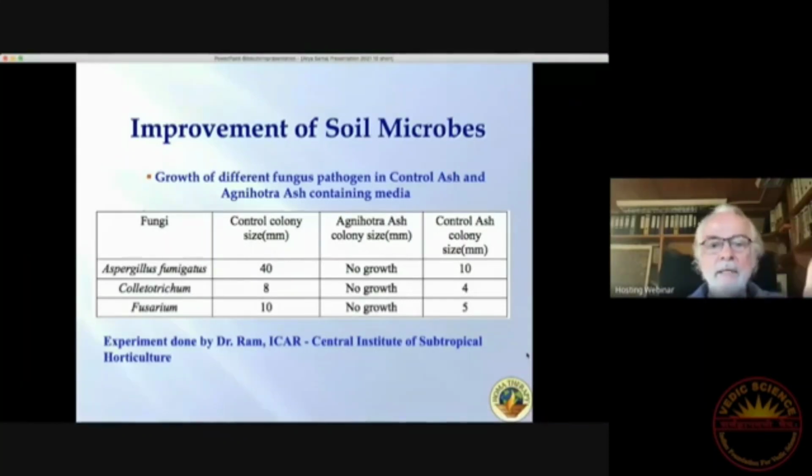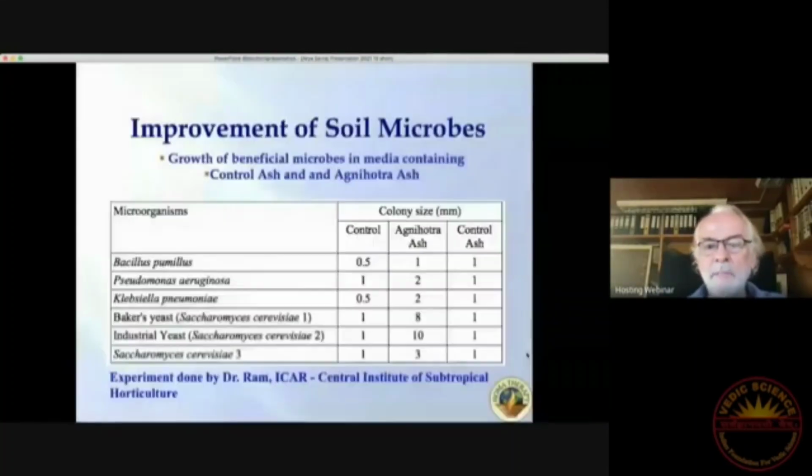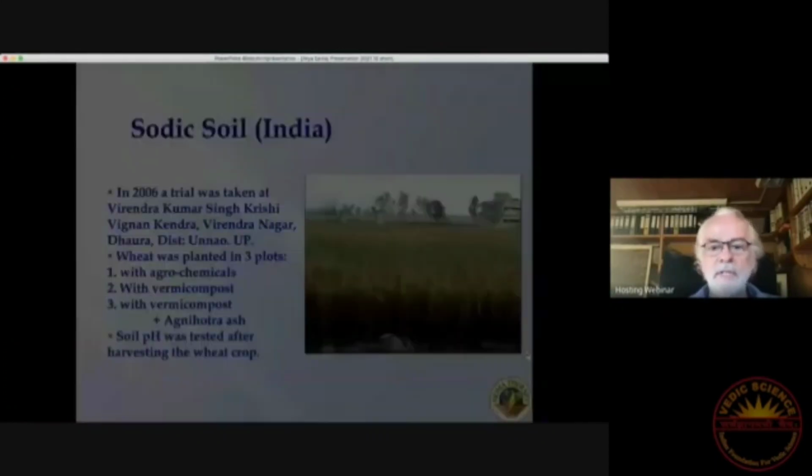And there was no growth in these pathogenic fungi if you added Agnihotra ash. On the other hand, the beneficial bacteria increased if you add Agnihotra ash. So that is quite an interesting result.